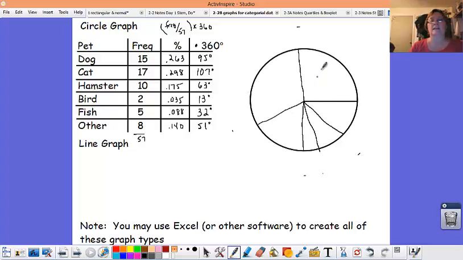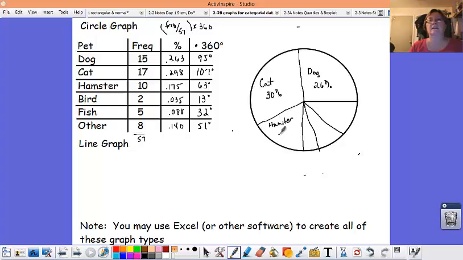People don't care about that. They may want to know about the percentage. And this is my dog category, and that was around 26%. This was my cat category, around 30%. My hamsters, around 18%.